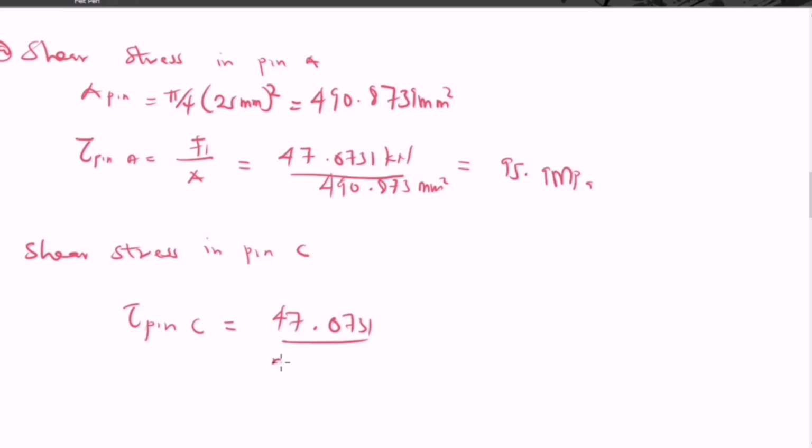So in that case, it will be 2 times the area that we had, which is 490.873 millimeters squared. So when you do that correctly, you're going to have it to be 47.9 megapascal. That is it. 47.9 megapascal. Yes, that's very simple.